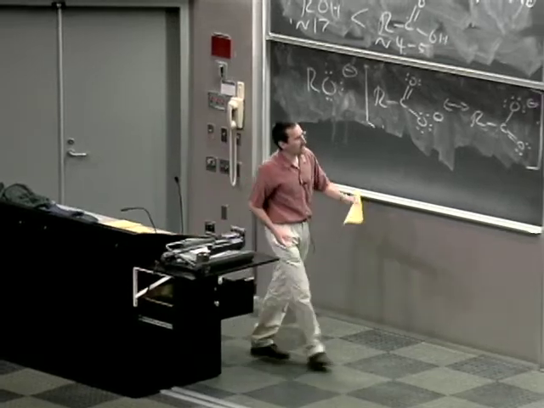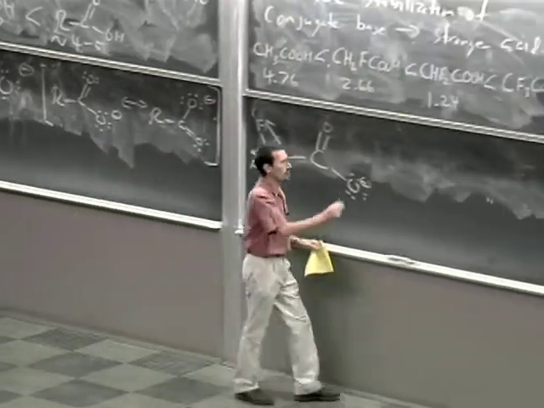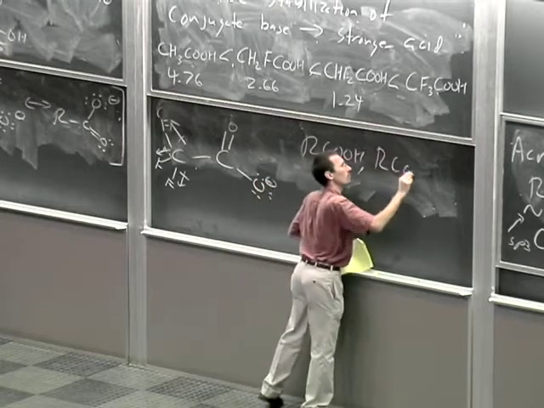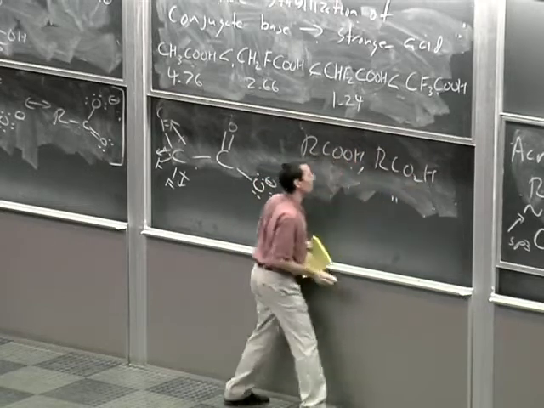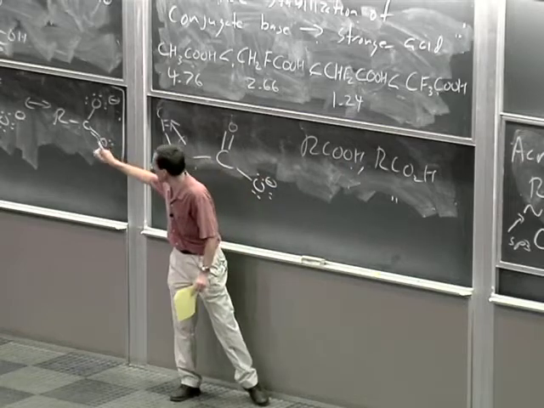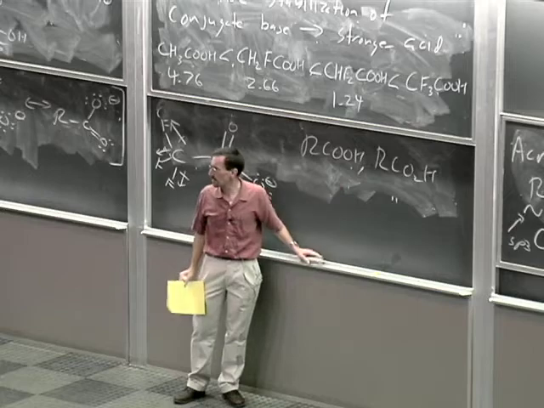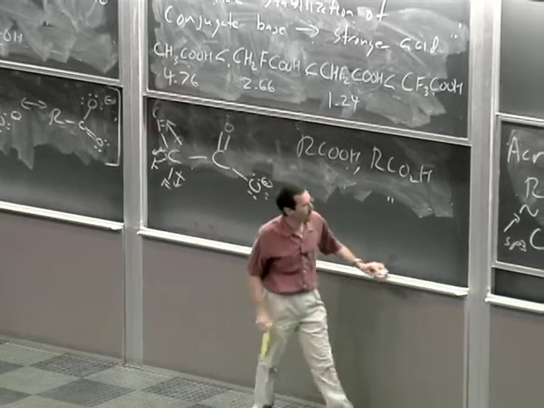You will, by the way, see me write structures RCOOH, RCO2H, and the full structure that I've written out for carboxylic acid almost interchangeably. And this is pretty typical in organic chemistry.